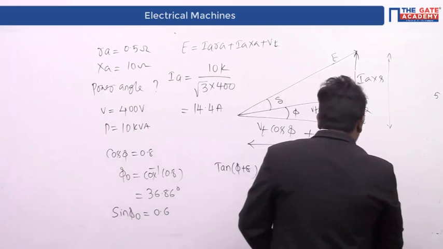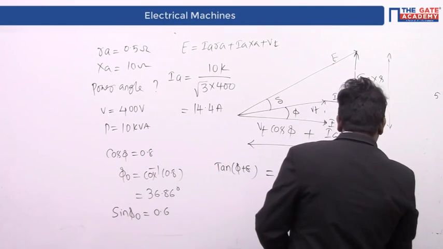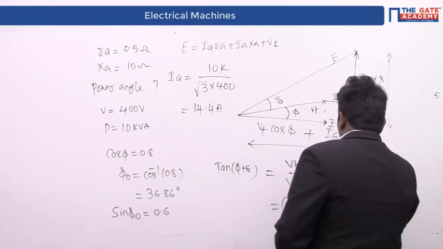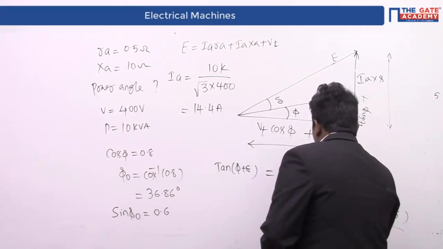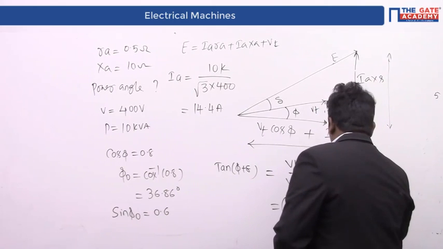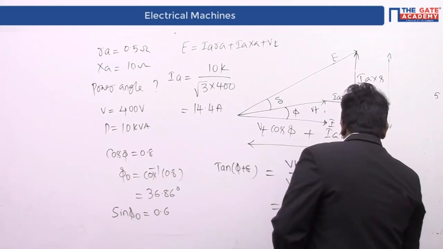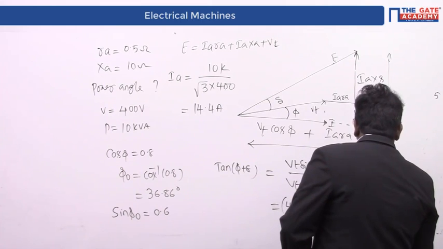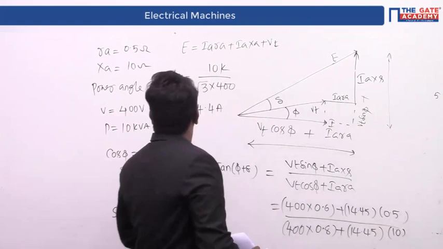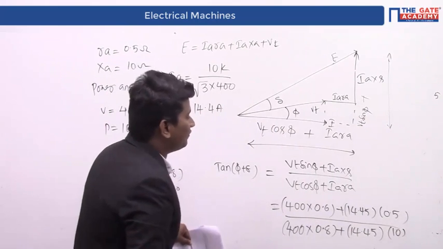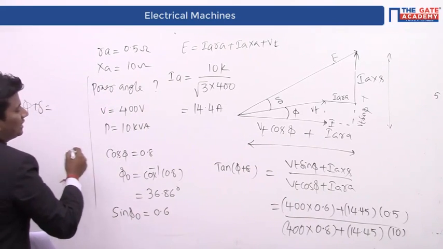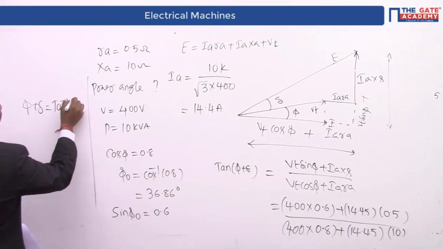Therefore, what is your IA? 14.45, into armature resistance 0.5. And therefore, what is your VT? 400 into 0.6, plus the current offered by the machine, 14.45, and the reactance is 10. Then what is that phi plus delta? Tan inverse of the total value.